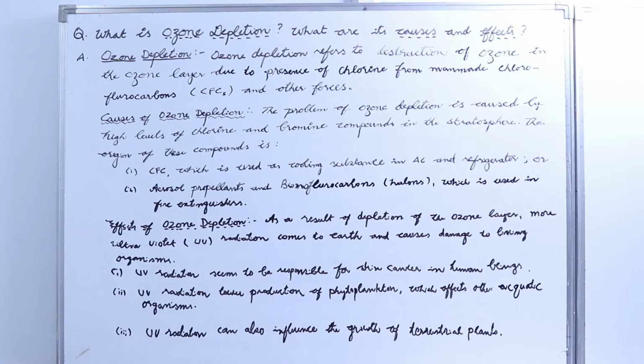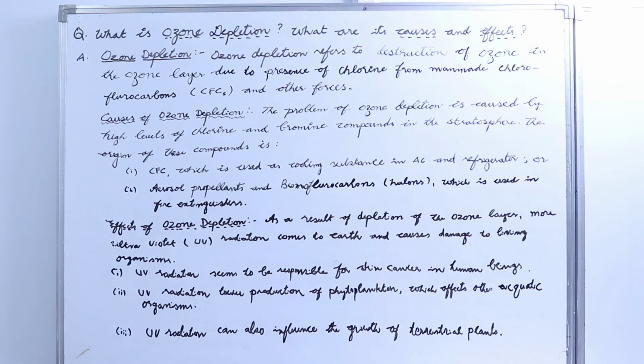The problem of ozone depletion is caused by high levels of chlorine and bromine compounds in the stratosphere. The origin of these compounds is CFC, chlorofluorocarbons, which is used as cooling substance in air conditioners and refrigerators, or aerosol propellants, and bromofluorocarbons, halogens, which is used in fire extinguishers.